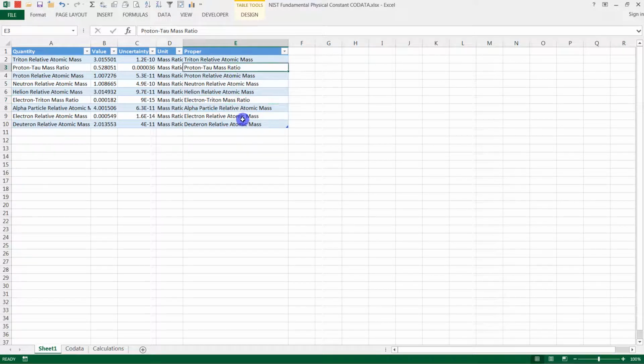This is the tau, as the base mass. So I've already corrected a few of those, so those just need to be done. But the deuteron, electron, alpha, helion, proton, triton, all of those need to be in whatever base unit is. So I have to find out their definition of what the base mass was when they used the word relative atomic mass. So that's just stupid.